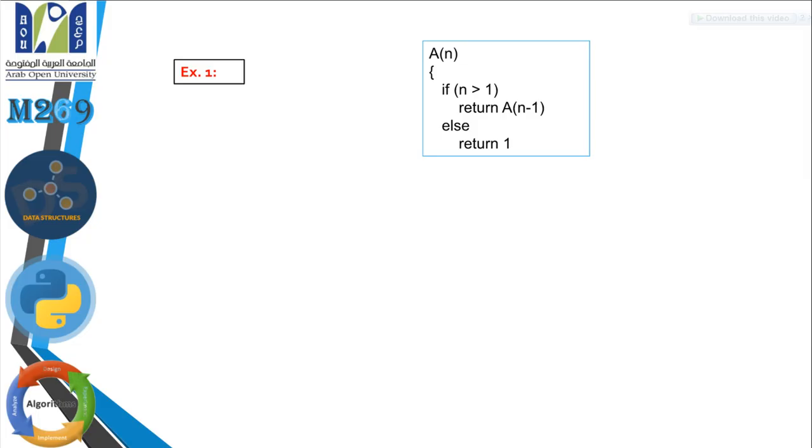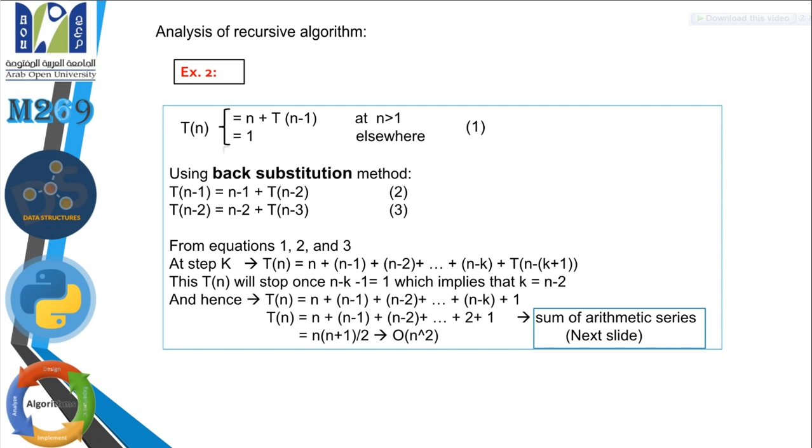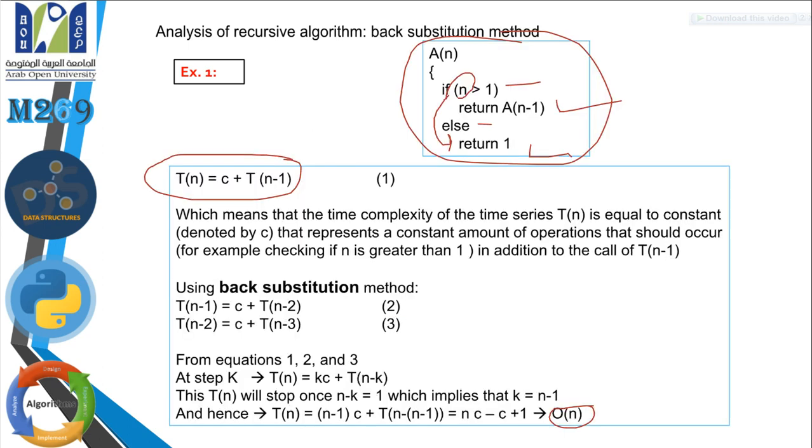So this is one example. You can go through it, and here is another one. I just want to highlight something here. I just want to show you why we got 1. Why we stopped when T of 1.